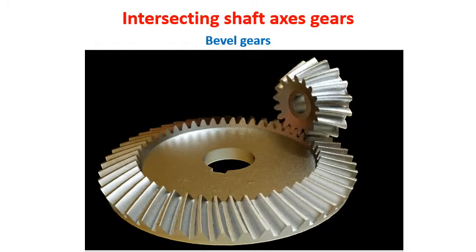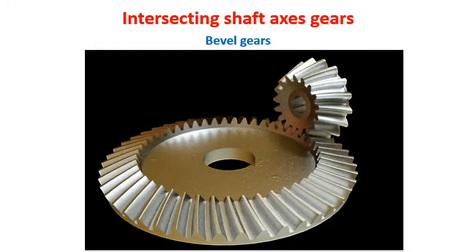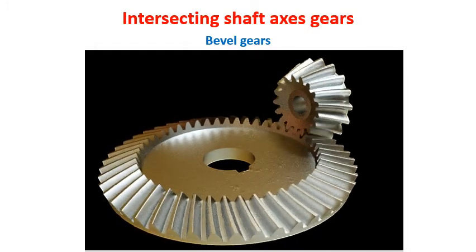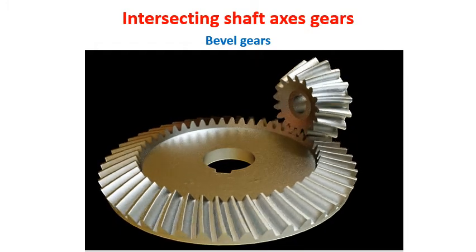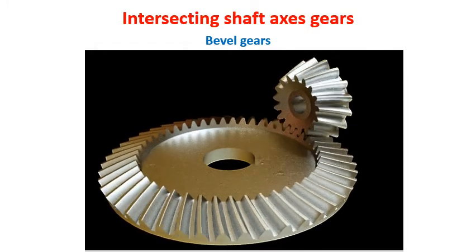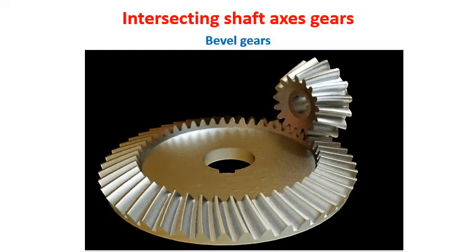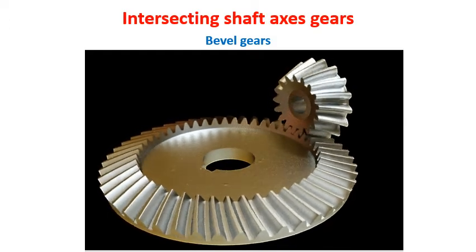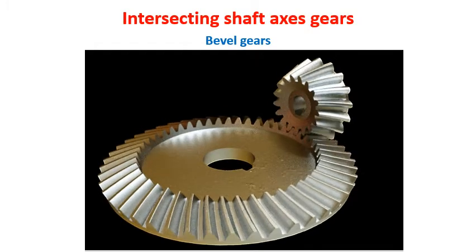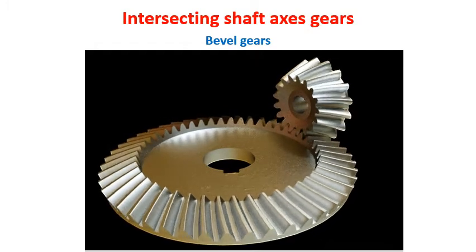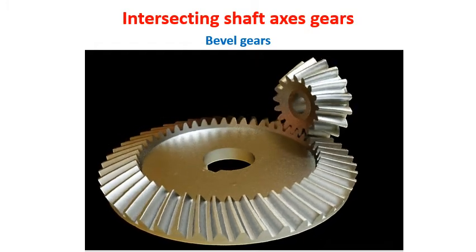Okay. For transmitting motion between two intersecting shafts, or shafts at a desired angle, bevel gears are commonly used. The surface of the bevel gear is like a frustum of a cone, right? And its size decreases towards the apex of the cone.